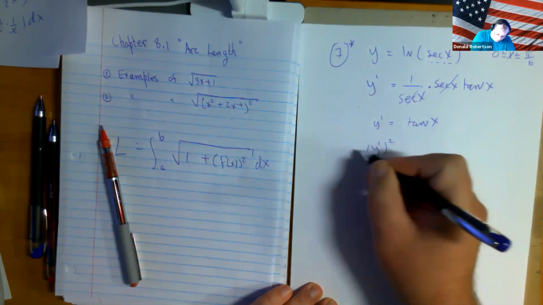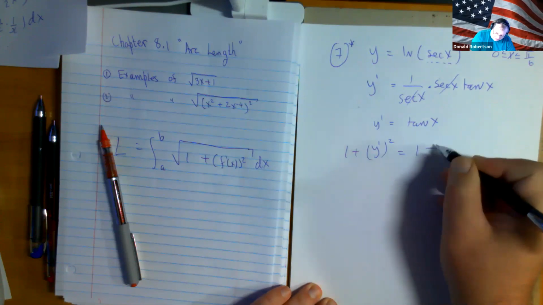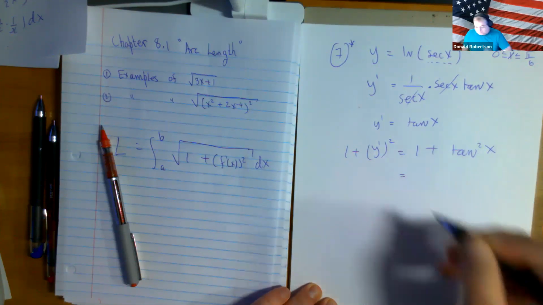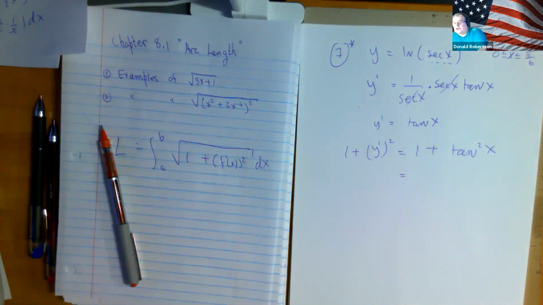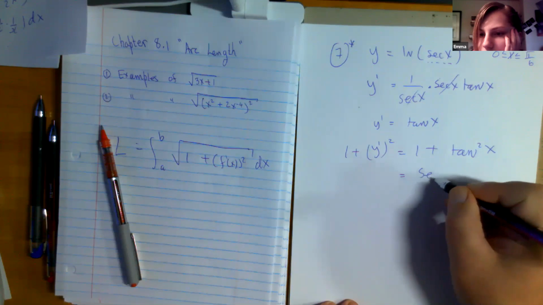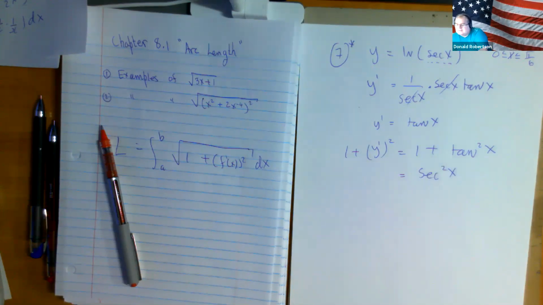Now, if you add 1 to this guy, you get 1 plus tan squared. Now, this is a perfect square, not in the usual three-term quadratic ones, but this is still a perfect square. What is 1 plus tan squared x equal to? Secant squared. See the little blighter?